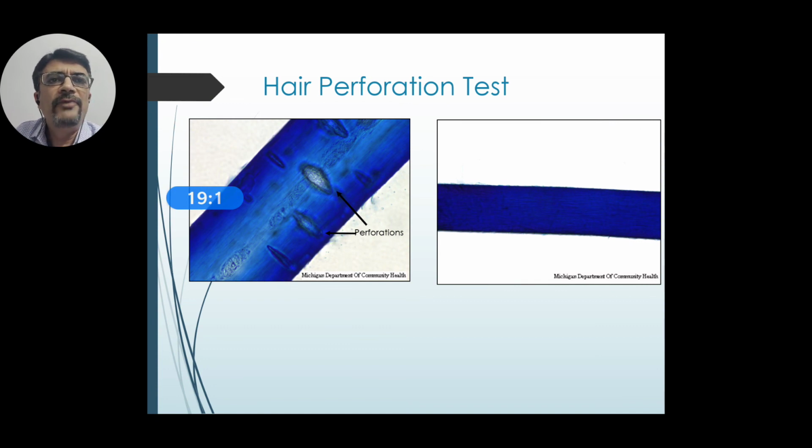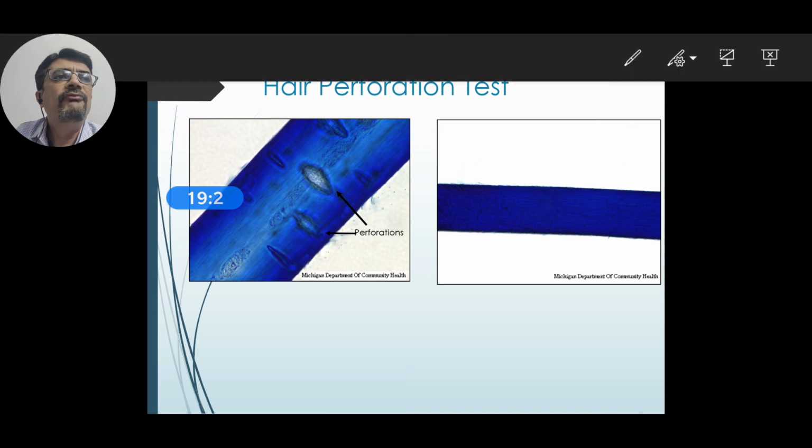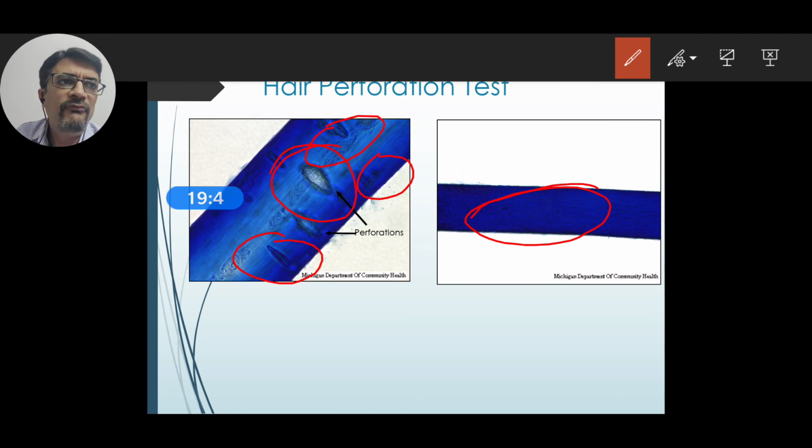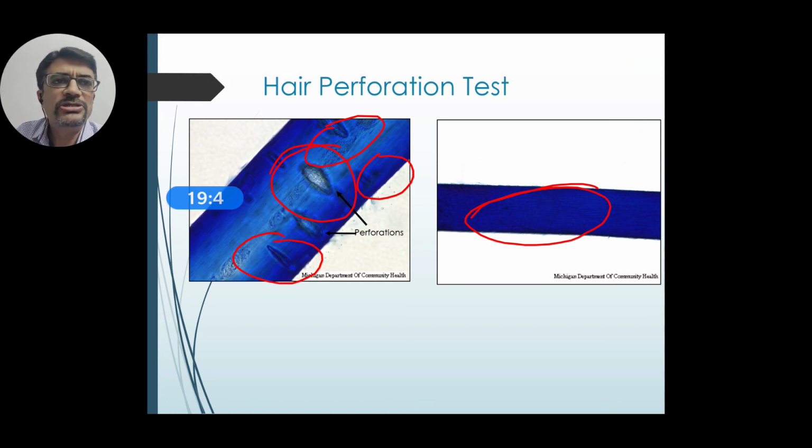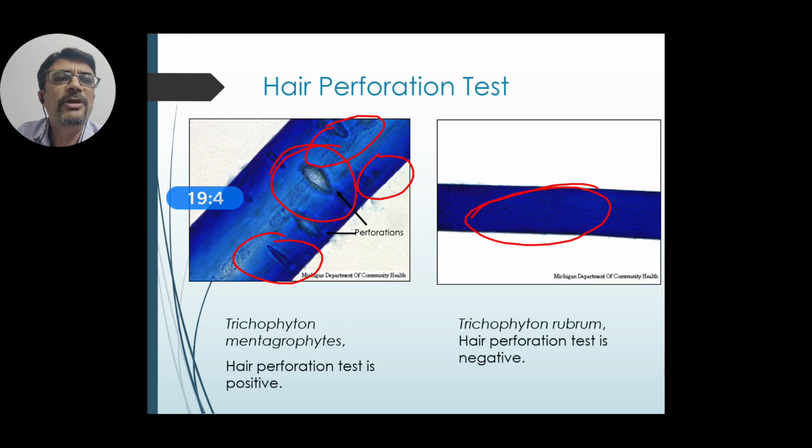See, when we have kept the hair in the petri dish with the media and the fungus, in the first, here the fungus has perforated it, it is able to penetrate in the hair, while here the hair shaft is clear without any fungal penetration. So the first is hair perforation test positive. Example is Trichophyton mentagrophyte, while Trichophyton rubrum does not penetrate inside the hair, so hair perforation test is negative.